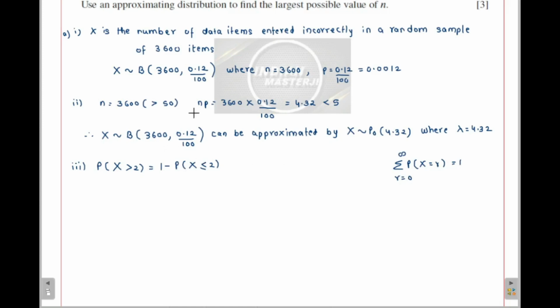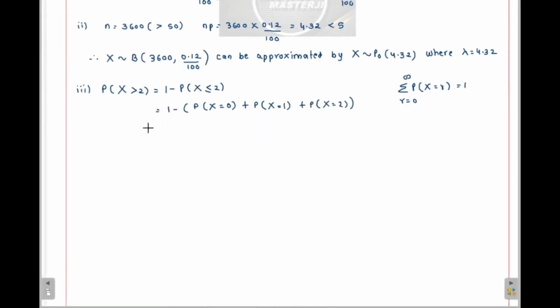Here luckily enough r is going up to 3600 only. So I can say this is equal to 1 minus the bracket of probability of X equal to 0 plus probability of X equal to 1 plus probability of X equal to 2. Correct? So I can write this as 1 minus, for these three probabilities I can take e raised to minus lambda outside.